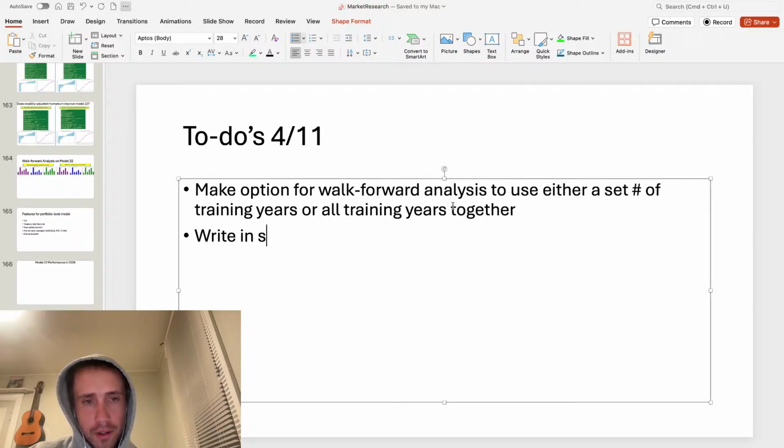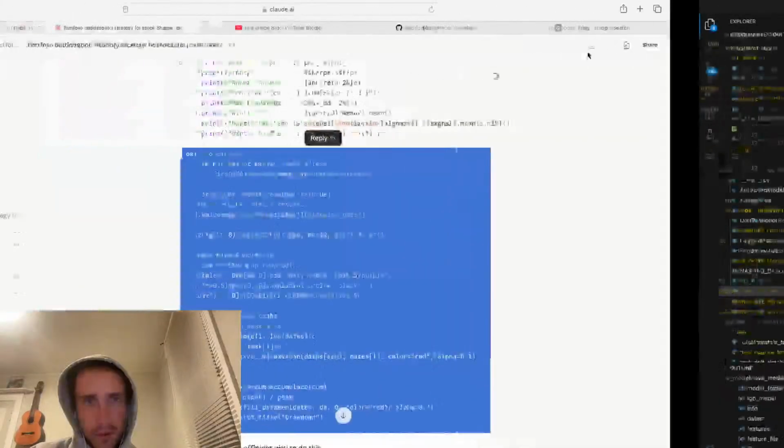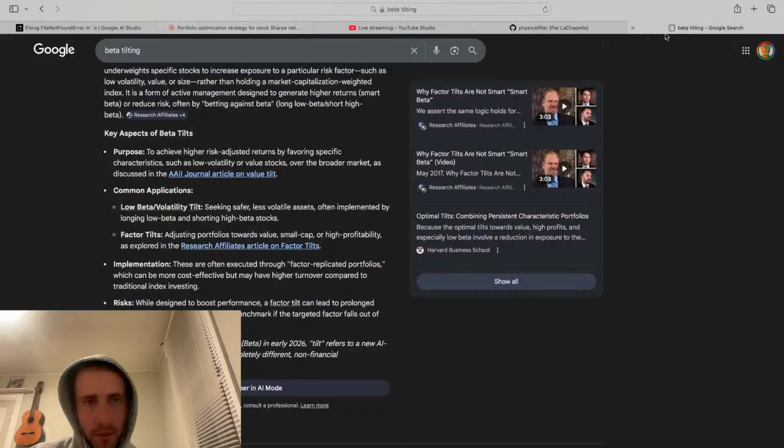Write in some portfolio optimizations. Incorporate, what was it called?